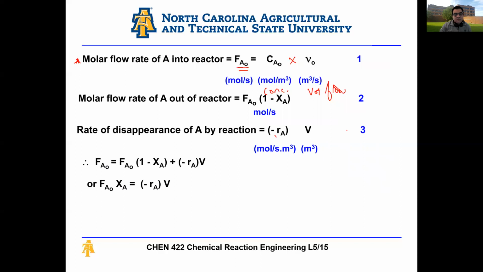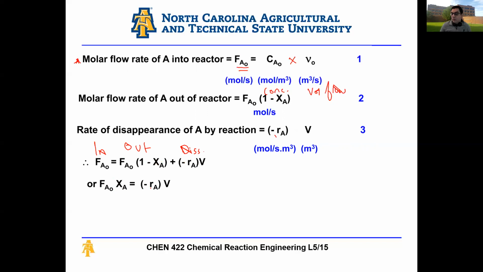So if I combine this, if I say in is equal to out plus disappearance, I combine them, and now I just do some math. I lump the FA naughts together. FA naught minus FA naught times 1 minus XA goes to the other side. The FA naughts cancel out.